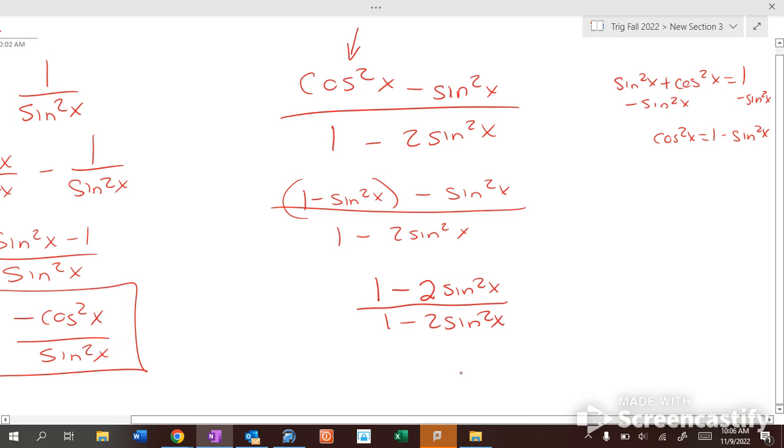So what am I left with? They're the exact same thing at top and bottom. So that simplifies to be 1. So you can take something that's fairly complicated and work to simplify it down into 1.